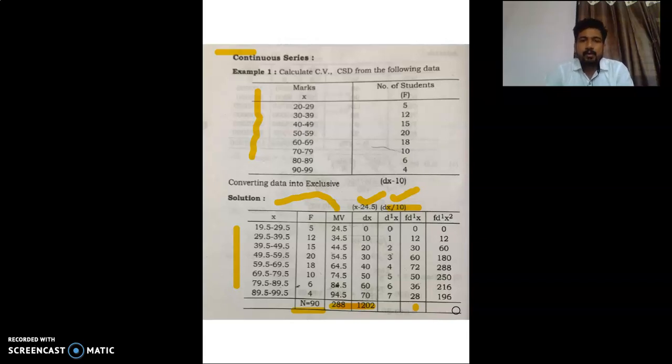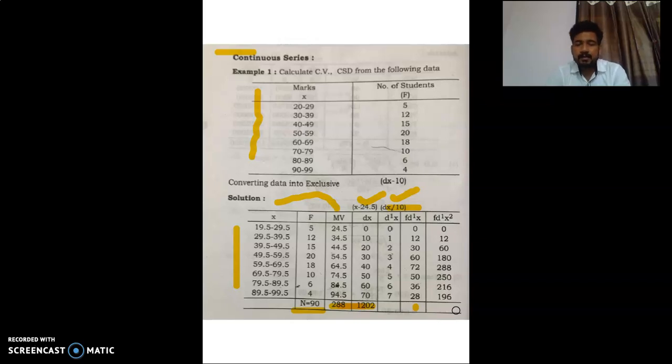So this is the end of our unit number 2. The title of this unit was dispersion, where we studied different methods of dispersion: range, quartile deviation, mean deviation from mean, median and mode, then standard deviation, coefficient of standard deviation, coefficient of variance.